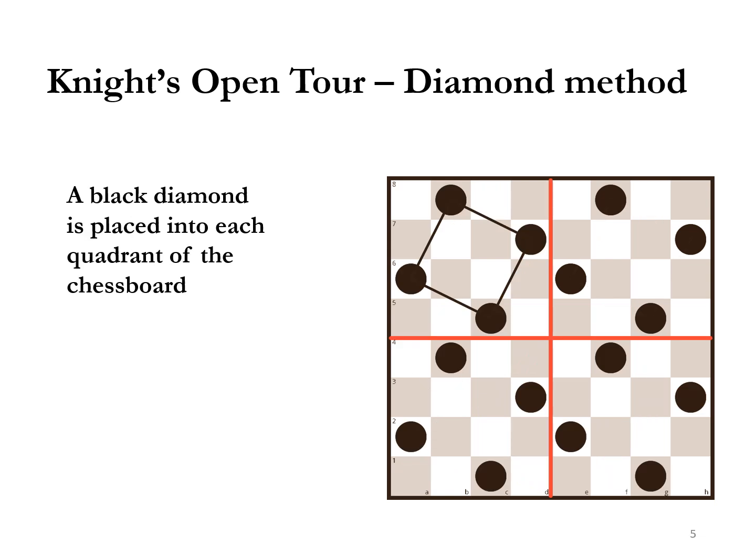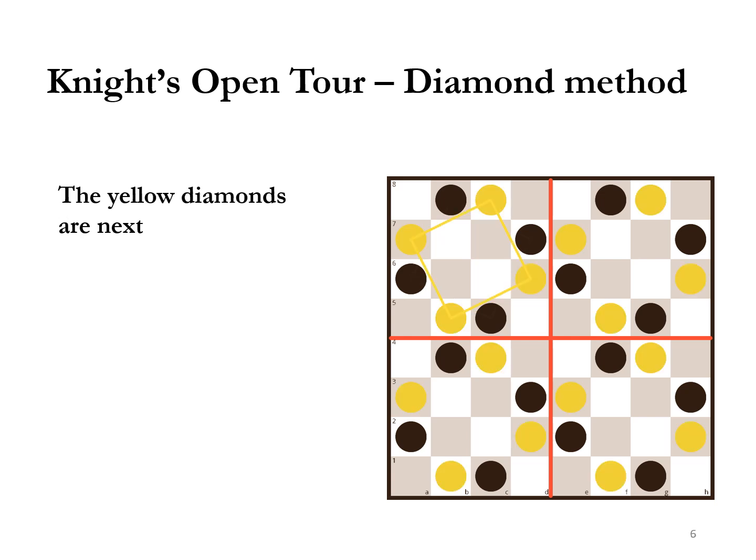We will cover the entire chessboard with these shapes using colored counters, and with a touch of imagination, they might turn into diamonds. First, we divide the chessboard into 4 quadrants, and then we place a black diamond in all 4 quadrants as shown in the diagram. The yellow diamonds are next.